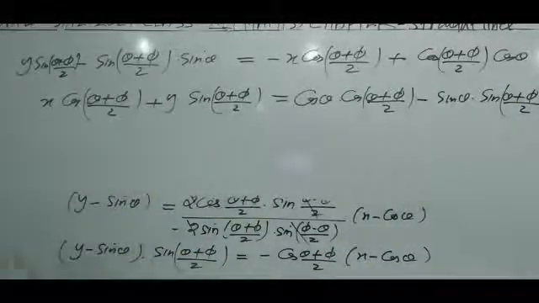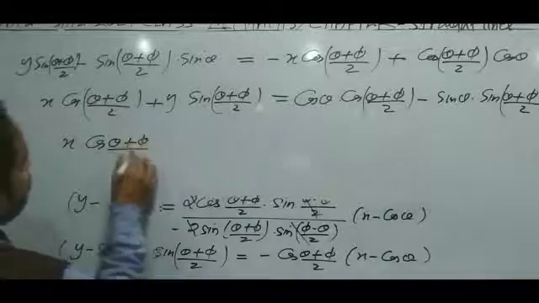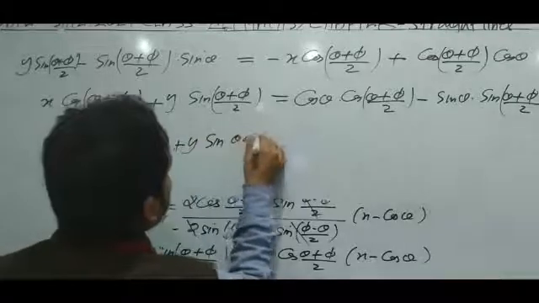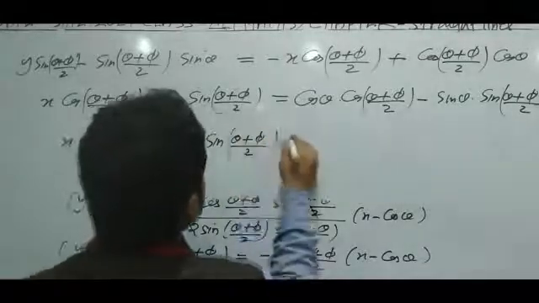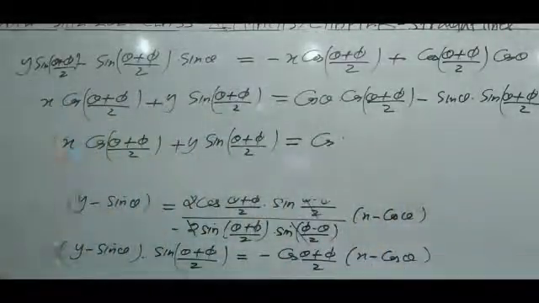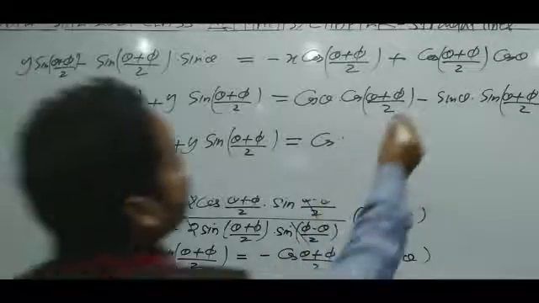So the result will be x times cos of (theta plus phi by 2) plus y times sin of (theta plus phi by 2) is equal to cos a cos b minus sin a sin b. You can see this result is positive.